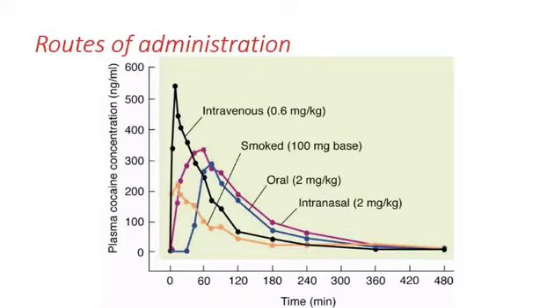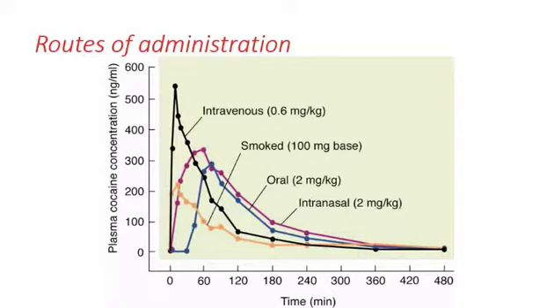The oral administration, you can see that it takes a little bit of time for it to reach a peak, quite a bit longer than the intravenous or the smoking approach. And the plasma concentration decreases much more slowly compared to the first two.